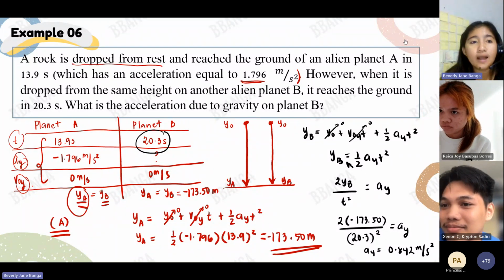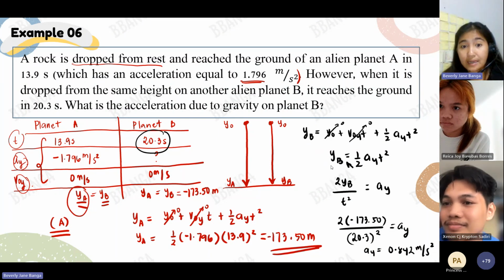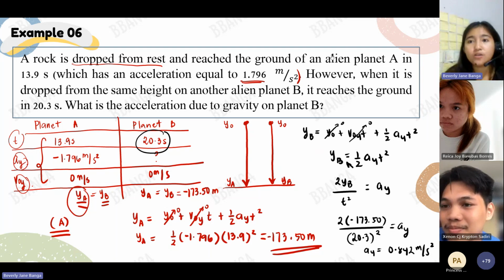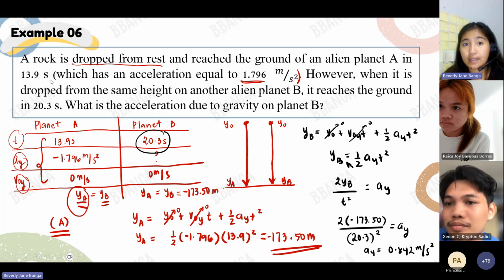So tama yung analysis ni Mr. Avellino, no, na dapat mas mababa yung gravity kasi mas mababa yung time sa planet B, which makes sense, di ba? So, in planet A, where the gravity is stronger, mas mabilis yung pag-drop nung pebble natin.